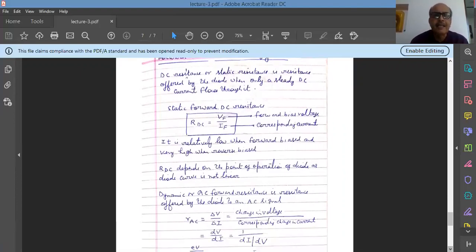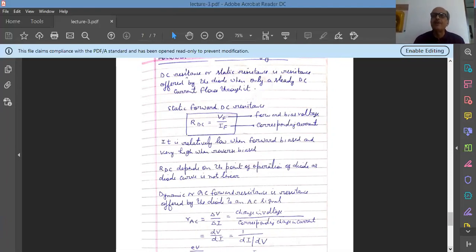The other resistance is called dynamic resistance or AC resistance of a diode. It is the resistance offered by the diode to an AC signal. If you allow an AC voltage superimposed onto the DC on a diode, what will happen? The voltage will change. So the ratio of change in voltage to the corresponding change in current is basically RAC.